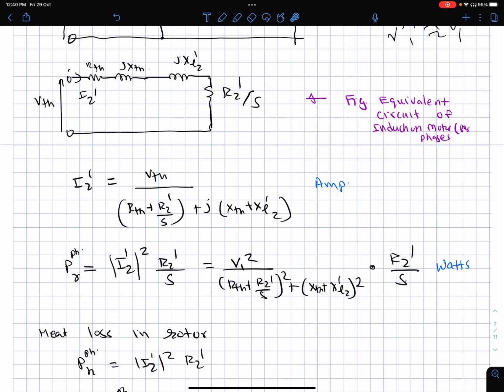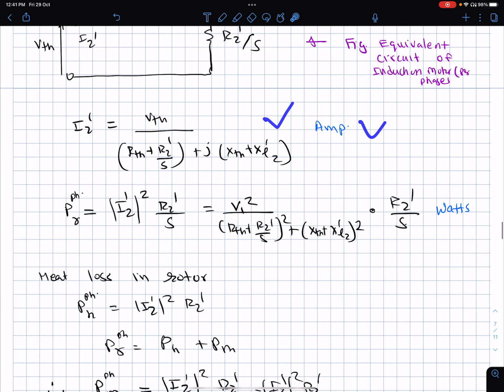All right. Now this I2 dash, the current which is flowing through this, is going to be V Thevenin divided by R Thevenin plus R2 dash by S. This is the net resistance of this circuit, and the net reactance of this circuit is jX Thevenin plus jXL2 dash, and so this is the current which will flow through this.